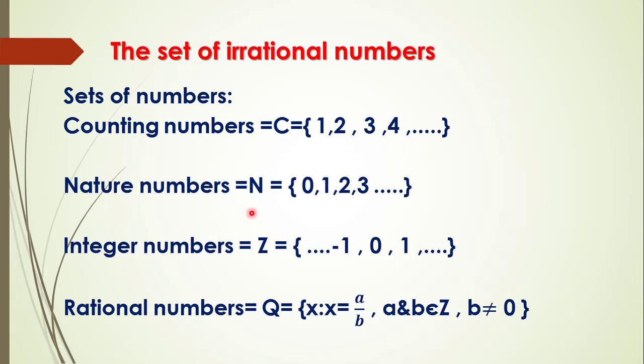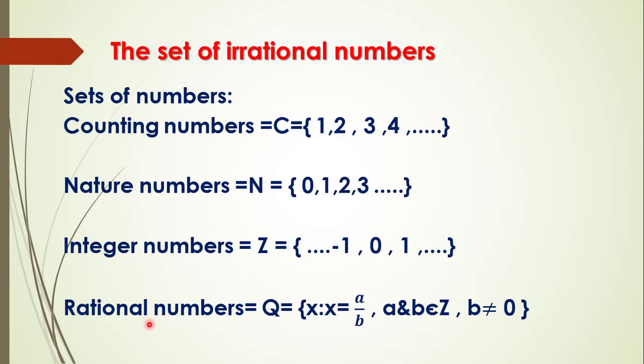Natural numbers consist of 0 and the positive whole numbers, starting from 0, 1, 2, 3, and so on. Then we add a new set of numbers, which is the negative numbers, to the natural numbers to get integers. Integers consist of negative numbers, 0, and positive numbers.